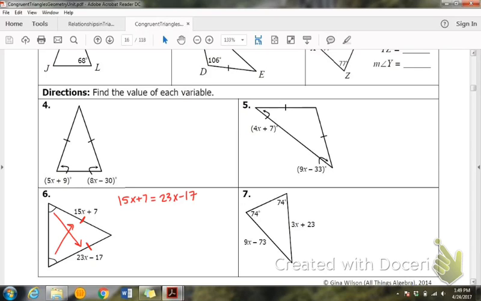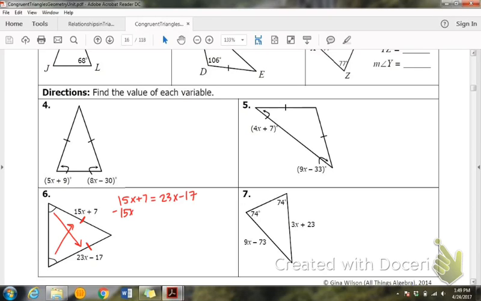Lexi, let me know what you get for x. What'd you get for x? It's okay. It's okay to be wrong. Okay, so did you subtract 15x over?